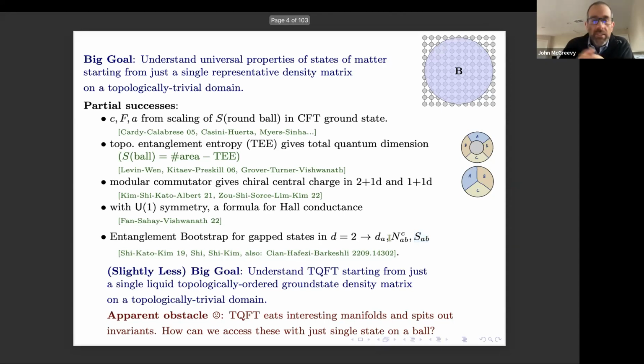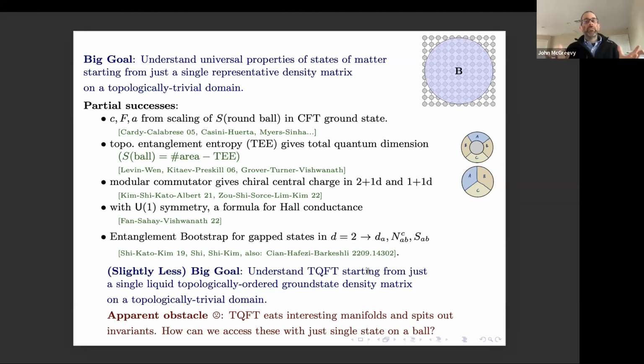Okay, so a slightly less ambitious goal, which is where we've been until recently, is the following. In 2+1 dimensions, we expect that all of the universal properties of a topological phase are encoded in a topological field theory.